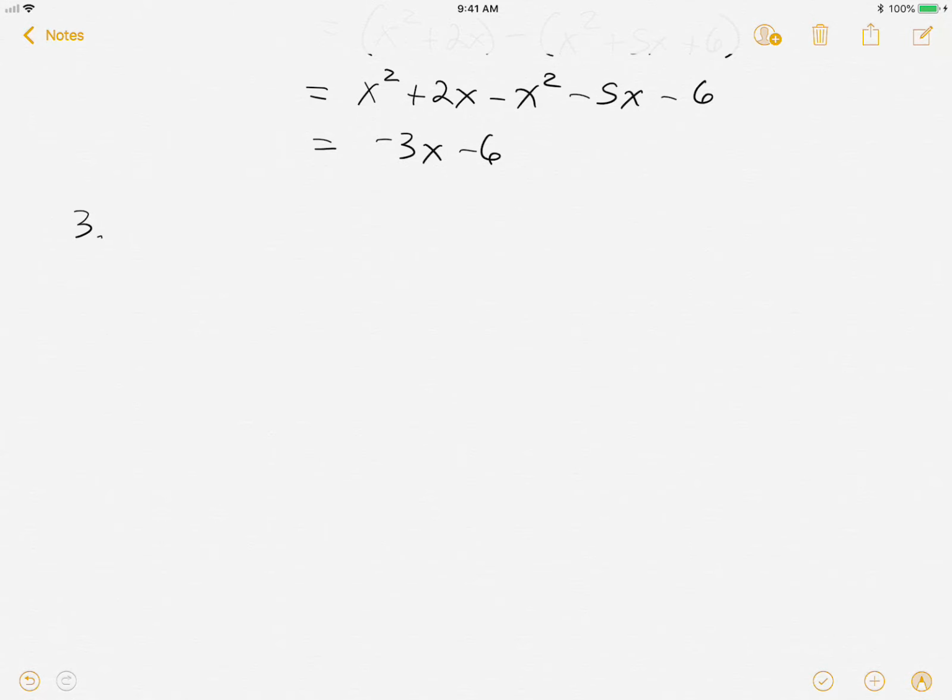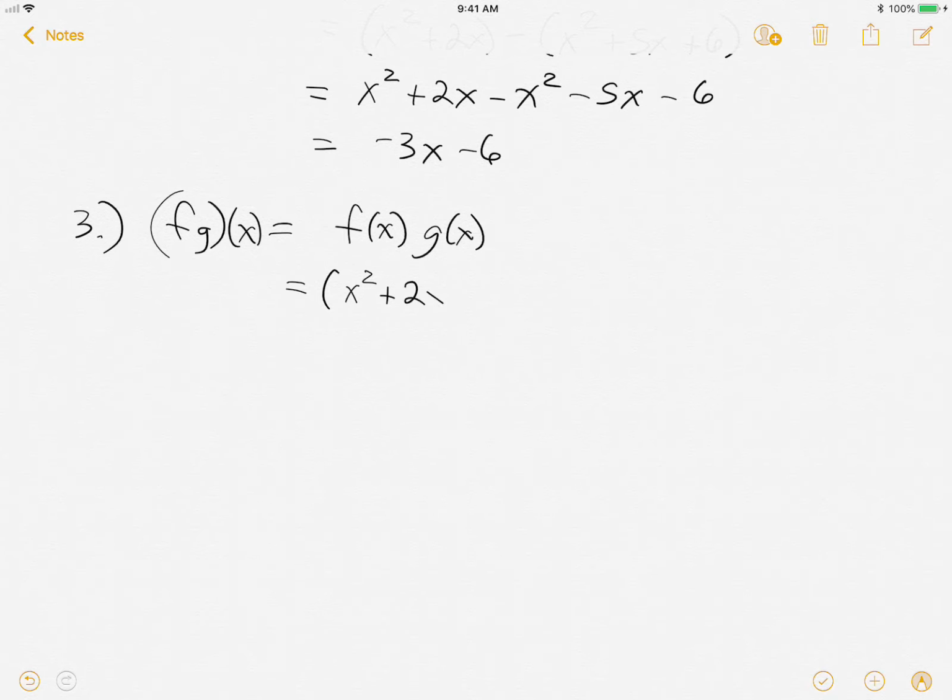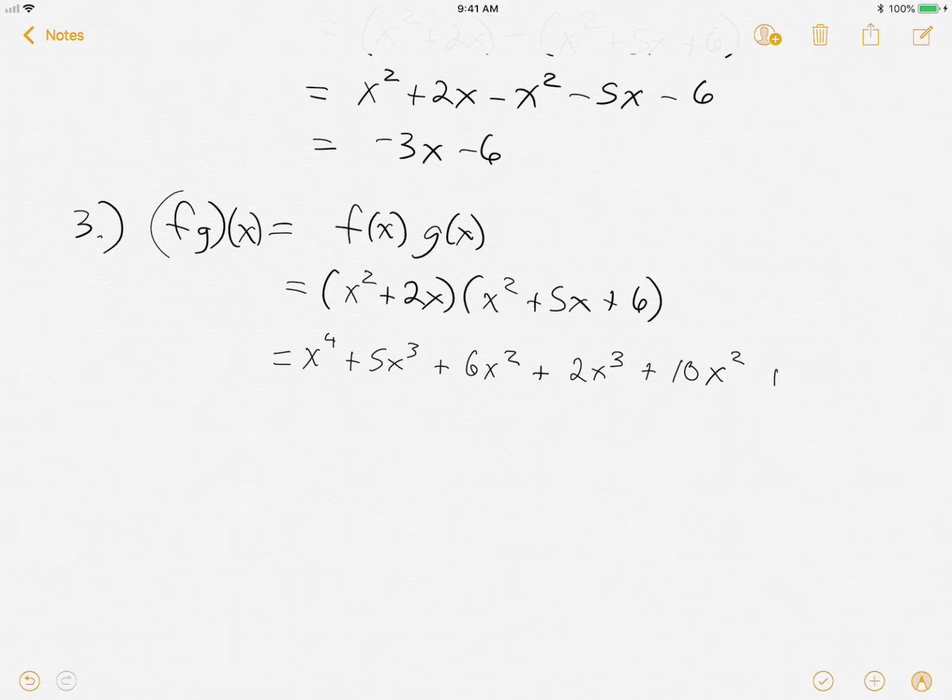Okay, let's do f times g of x. That's f of x times g of x. It's going to be x squared plus 2x times x squared plus 5x plus 6. Using the distributive property, I get x to the 4th plus 5x to the 3rd plus 6x squared plus 2x to the 3rd plus 10x squared plus 12x.